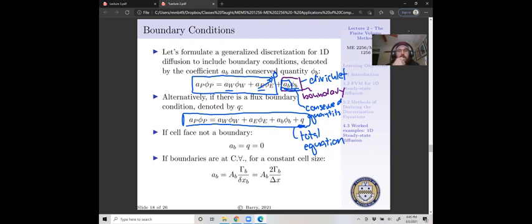Now, what we can define is simply AB, our coefficient on our boundary, which would be the cross-sectional area of your boundary times 2 times the diffusivity of our boundary per delta x, where we note the factor of 2 is there because delta x was divided by 2 in our denominator. So that really remains unchanged.